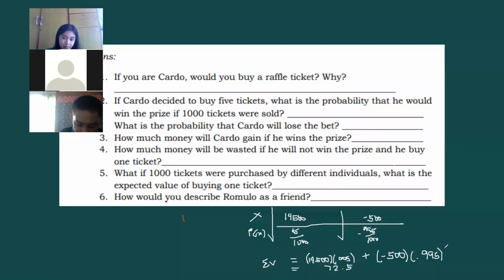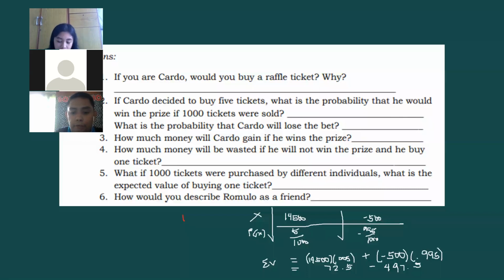Then we have negative 500 times 0.995. That will be, tama ba? Negative 497.5. Okay, 497.5.